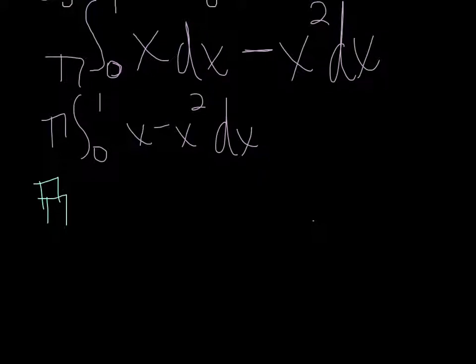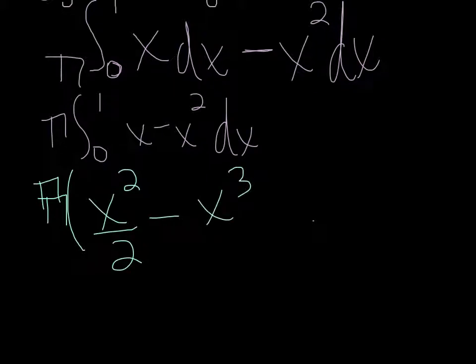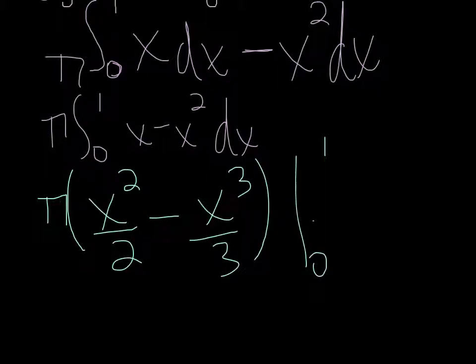And then integrate. The antiderivative of x would be x squared divided by 2, minus x to the third divided by 3, and then you're taking all of this from 0 to 1.